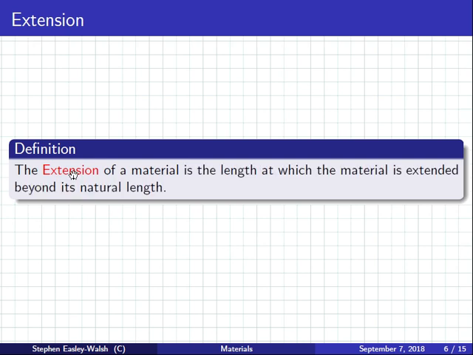So, an extension of a material is the length by which the material is extended beyond its natural length. So that's what you said. You said additional. Yeah. Extended beyond its natural length. So, for example, if this is the natural length, and then you pull it this much, this is the extension.